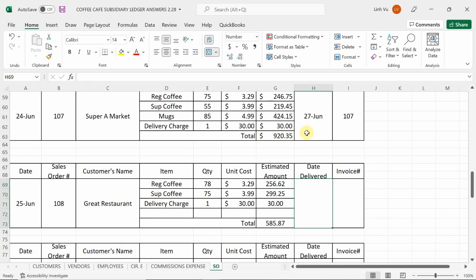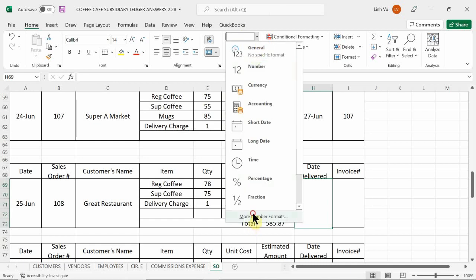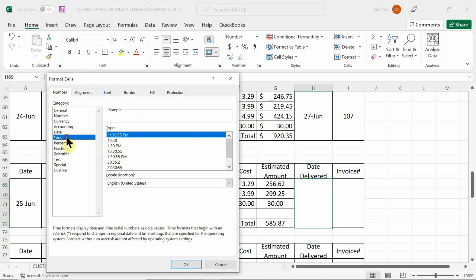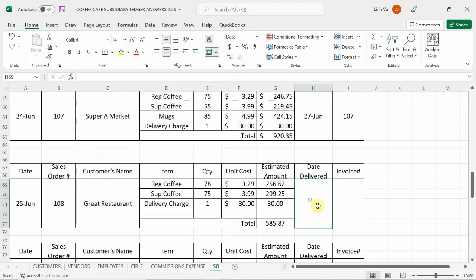When was it delivered? It was delivered on June 27th with invoice number 108.